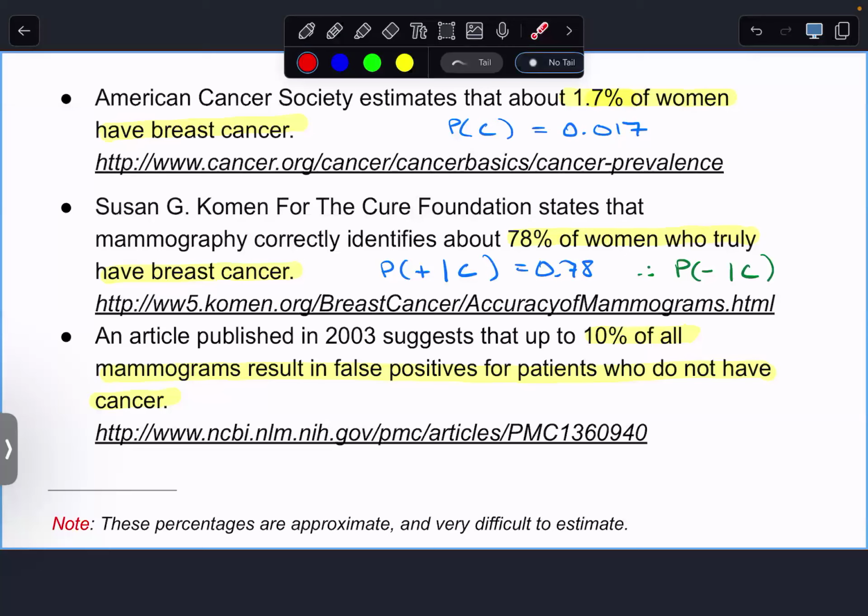Right? And so that's the complement. 1 minus 0.78 puts me at, I've got a cheat sheet here, 0.22. And then I confirm instead of doing the math. Okay.